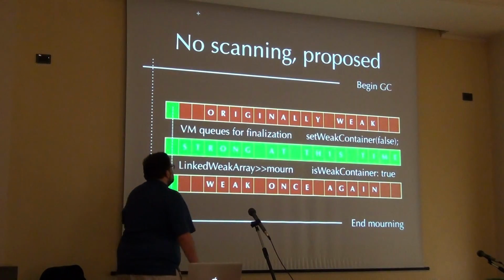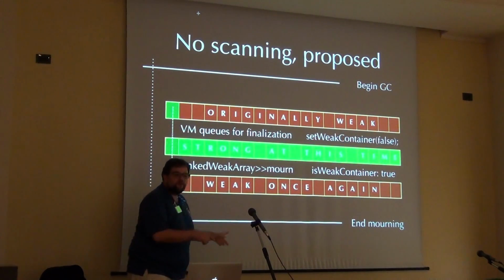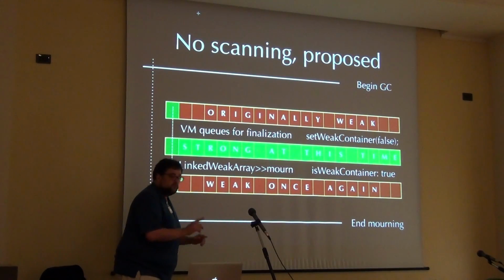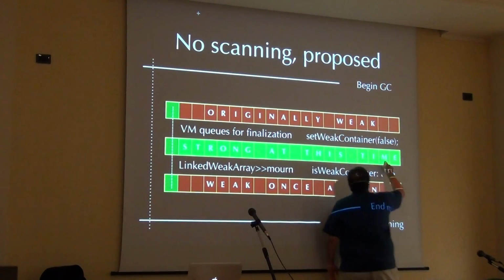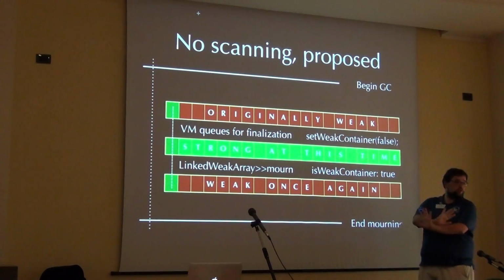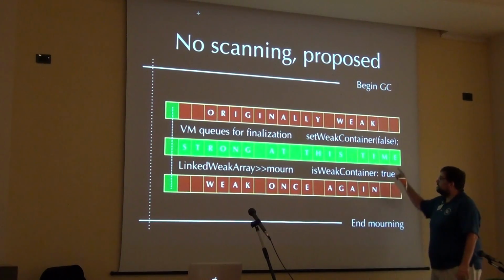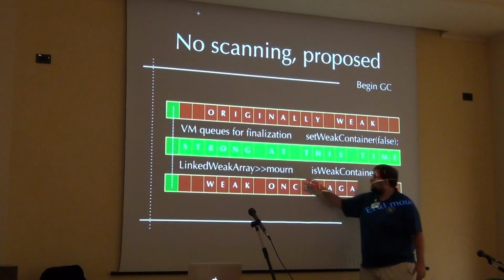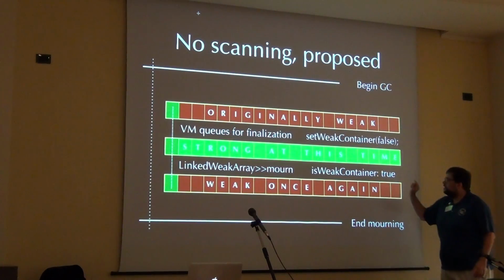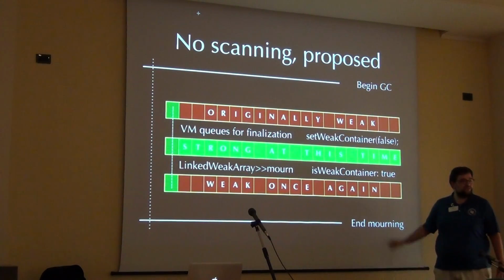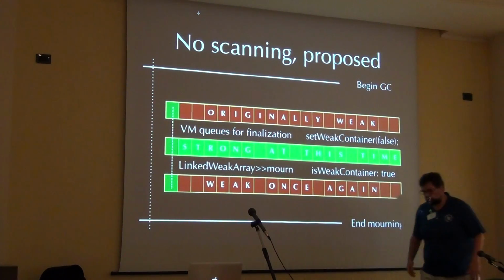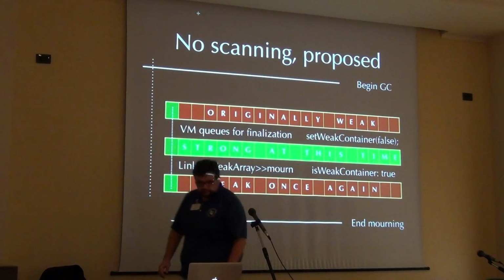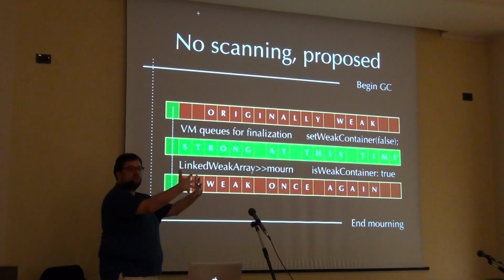Well, you stop it by having the VM adopt the ephemeron finalization convention, by which when this linked weak array is queued for finalization, the VM says, oh, and by the way, you're strong now. So no more tombstones. Magic. And then when this guy is done with mourn, it ends by sending itself, oh, I'm weak again. And so you're only weak when you can accept tombstones, and otherwise you're strong, and of course there's no data race anymore.